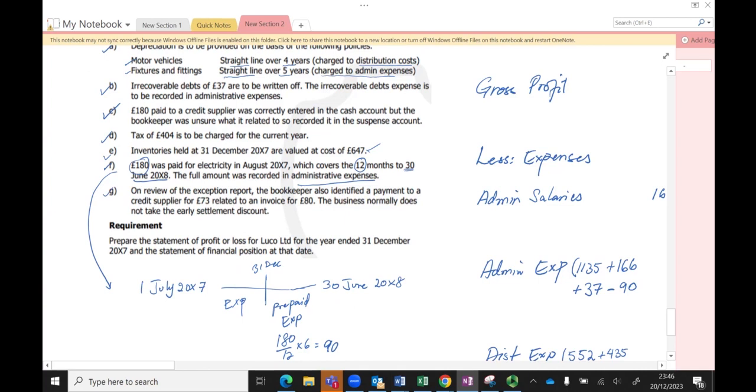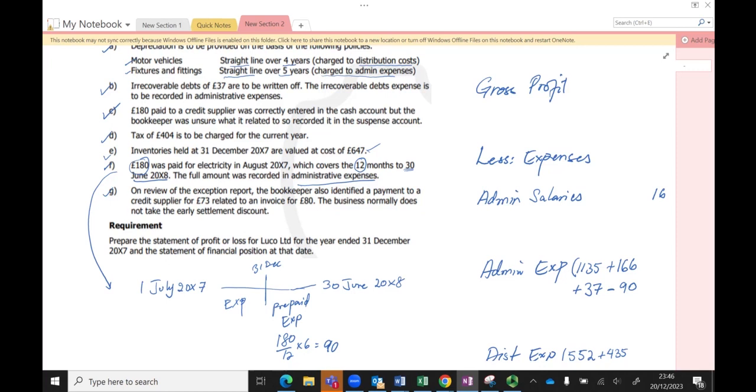Next, G, it says on review of the exception report, the bookkeeper also identified a payment to a credit supplier of £73 to an invoice of 80. So that means we bought goods in the past worth £80.